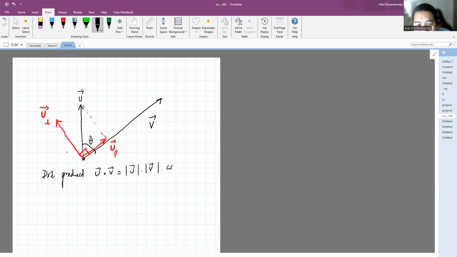So this is times cosine theta. But again, the dot product only produces a scalar. That's not a vector. So that's the dot product. Now, the second multiplication that we can have is called the cross product.